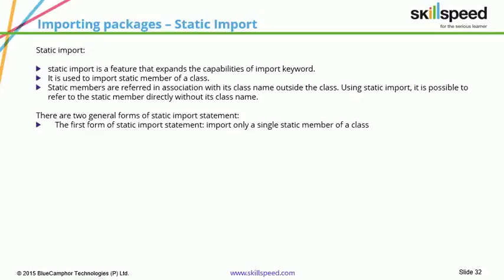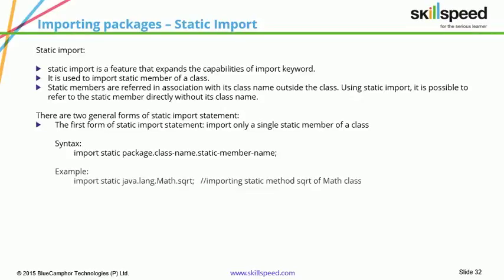There are two general forms of static import. The first form of static import statement imports only a single static member of a class. Syntax: import static package.classname.staticmembername. Example, import static java.lang.Math.sqrt.